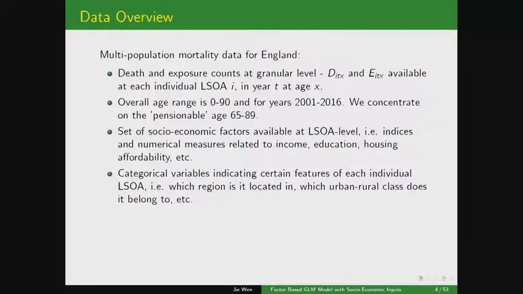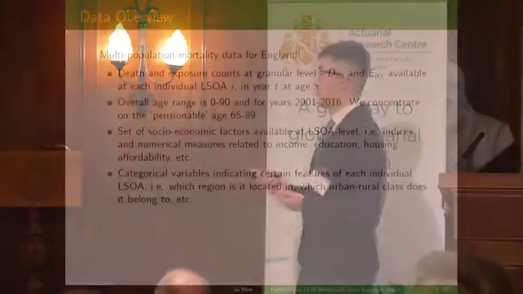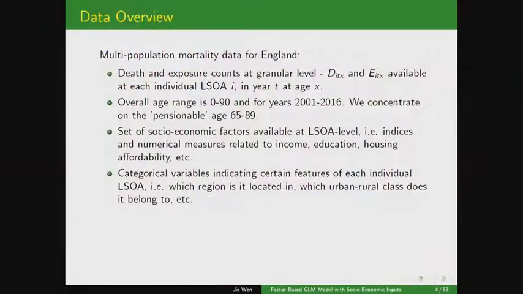There are a lot of socio-economic related factors available at individual LSOA level. They are related to income, education, housing, something like that. And other than the numerical factors, as Andrew and Thorsten have introduced, we also have categorical variables describing different features of each individual LSOA.